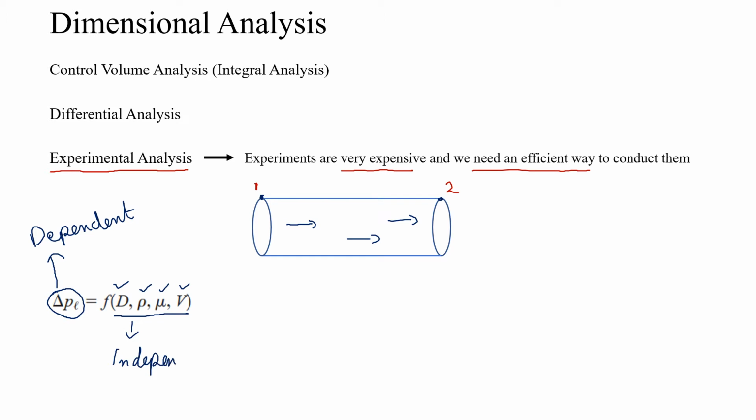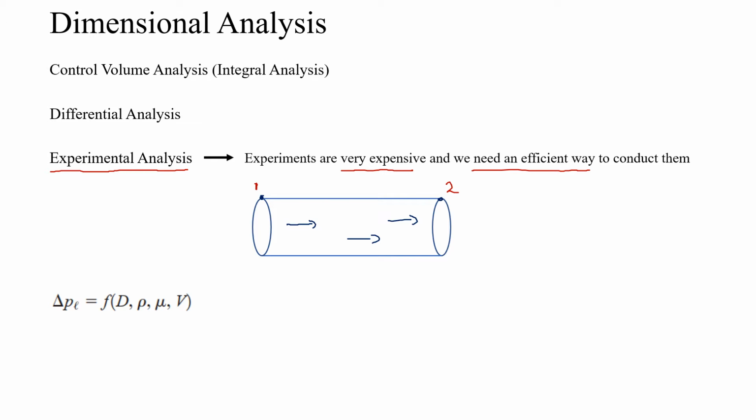So for a thorough experiment to see the effect of the diameter, the density, the viscosity, and the velocity on the pressure drop per unit length, what we need to do is fix 3 variables.